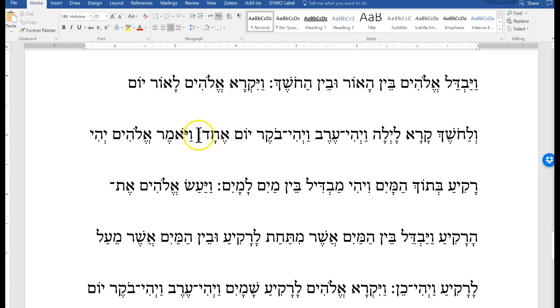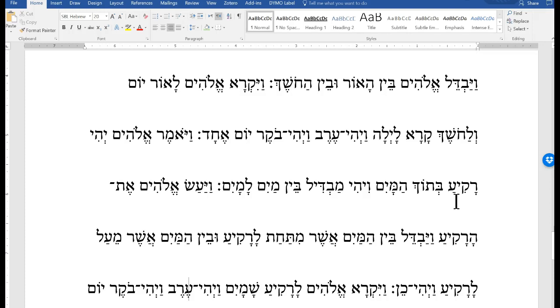And Elohim said, Vayomer Elohim. Elohim said, Yehi Rakia. Let there be a Rakia. Some people say that this is the most mysterious word. What is the Rakia?